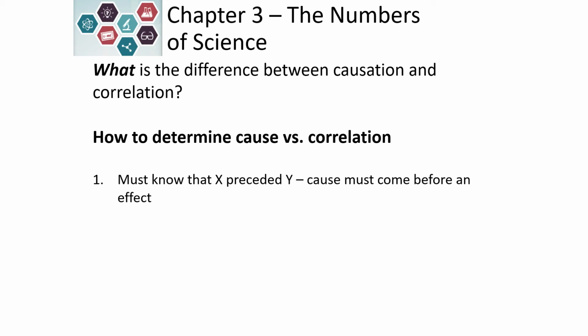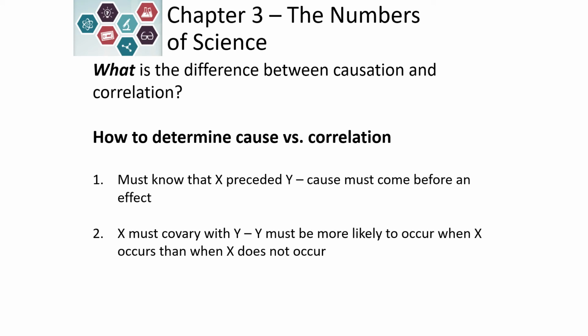First, we have to know that X comes before Y. So we have to know the cause happens before the effect. Number two, X must covary with Y. Y is more likely to happen when X is present.